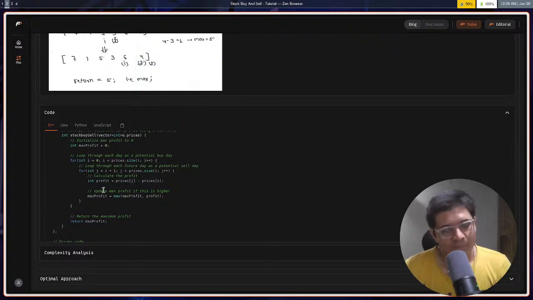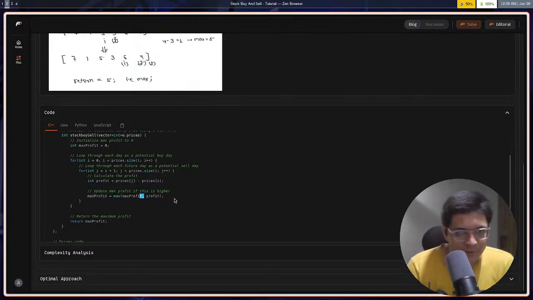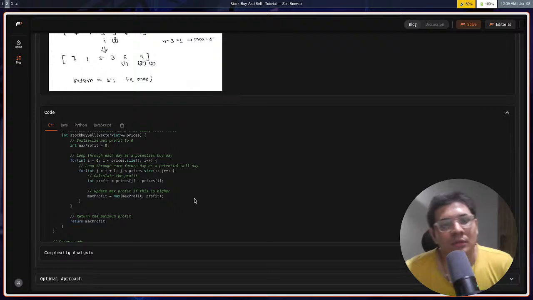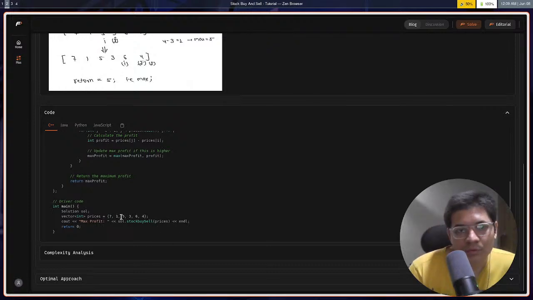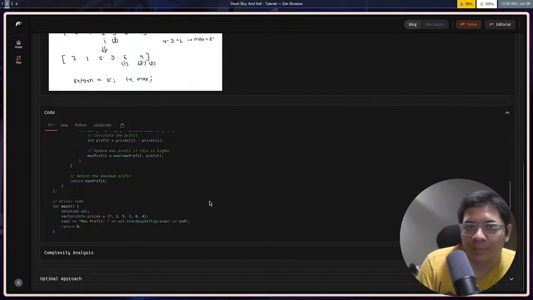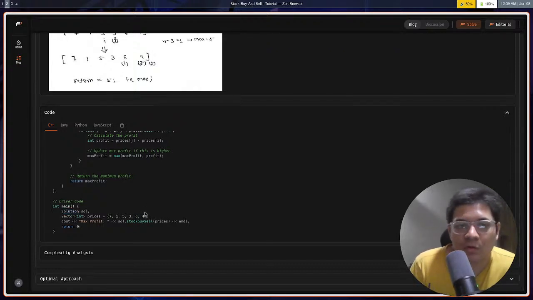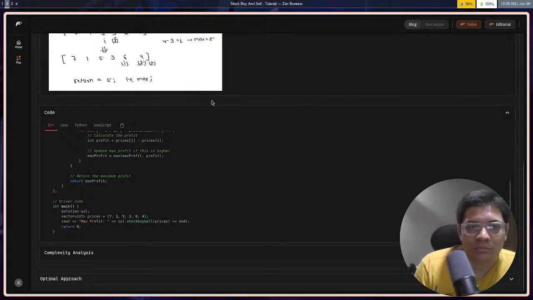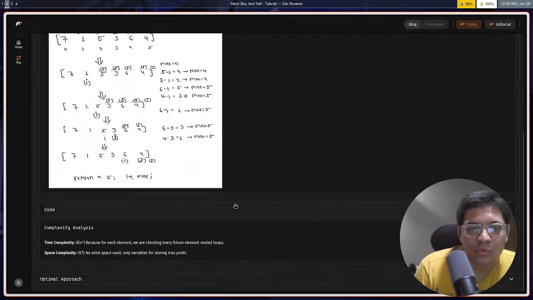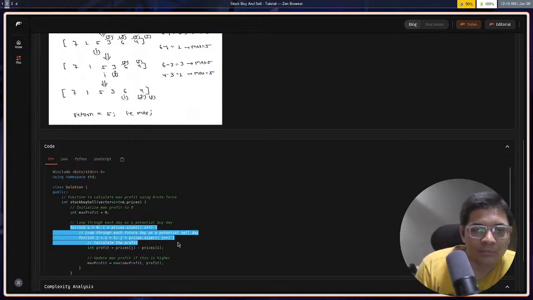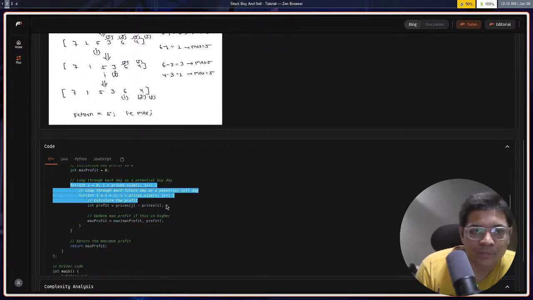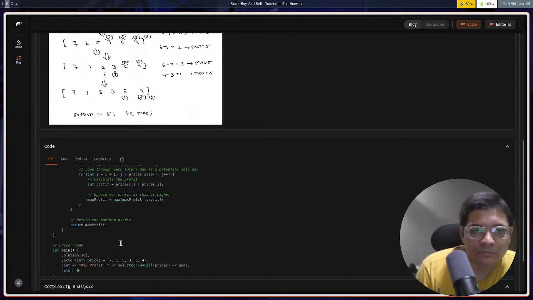Of course, that is true. Max profit is the max of max profit, that is the previous profit value, and the future profit value. We will take the maximum of both of them. Then in the main solution, that is another thing. Time complexity, O(n squared). Yeah, of course, because we are running the double loops.